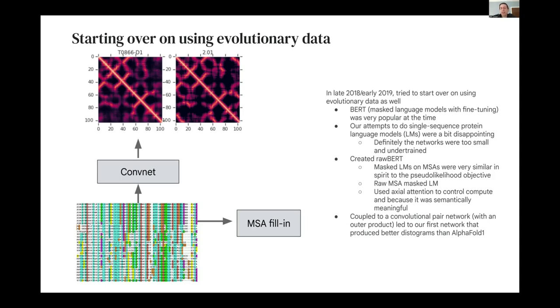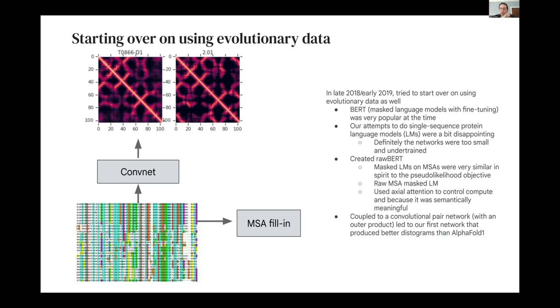You can think of masked language modeling on MSAs as basically a non-linear pseudo-likelihood. So we started to play with it as a totally unsupervised objective: how do we do masked language modeling on top of the MSA? We would call this raw MSA BERT.